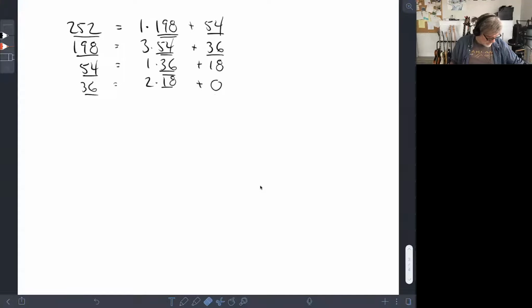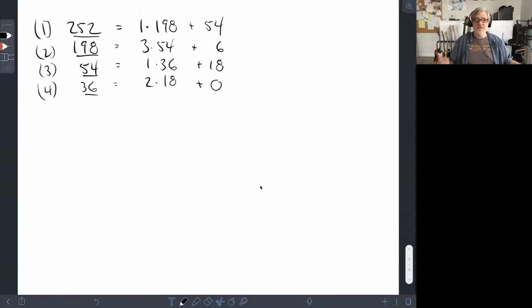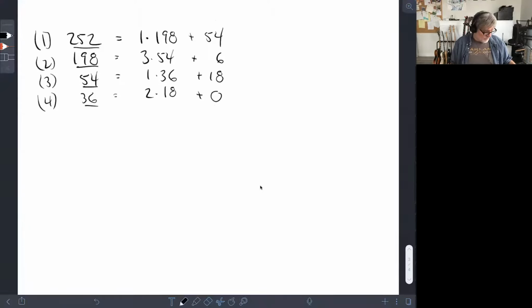This is my first equation, this is my second equation, third equation. These are the steps in the Euclidean algorithm to compute the GCD of 252 and 198. What I mean by backtrack is this: look at, not the last line, but the third equation.